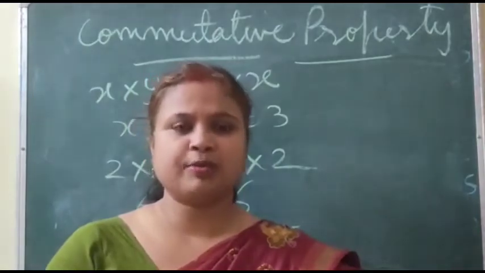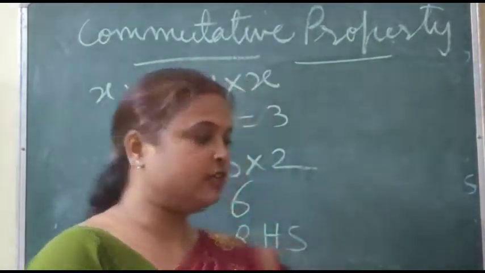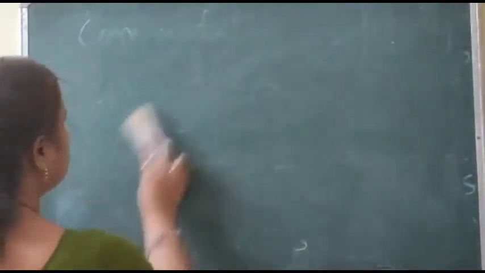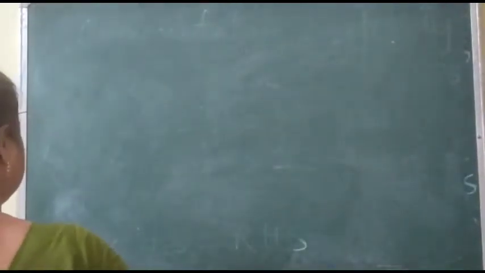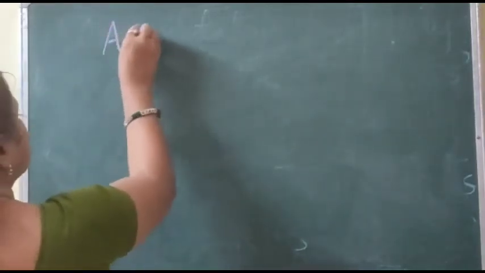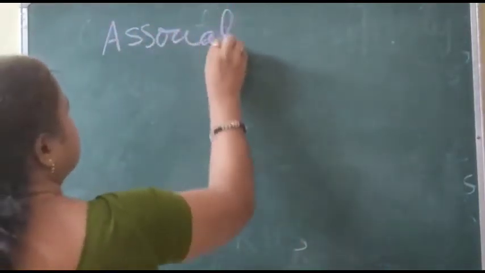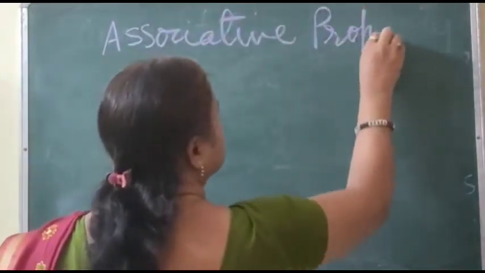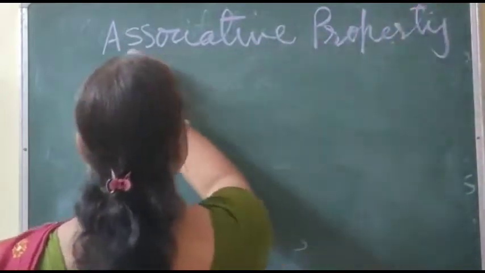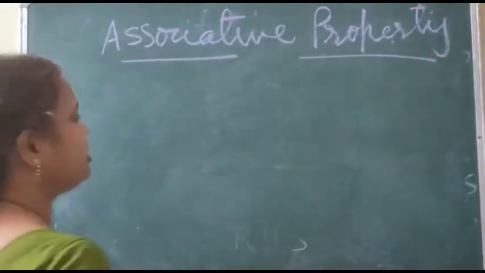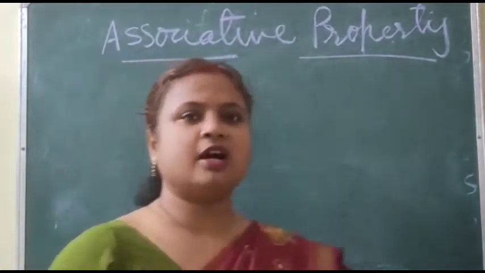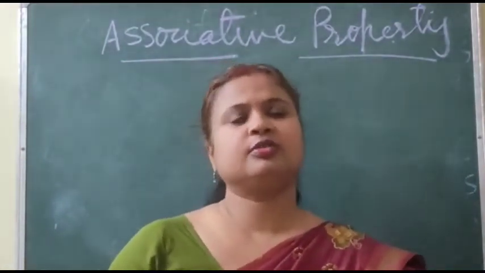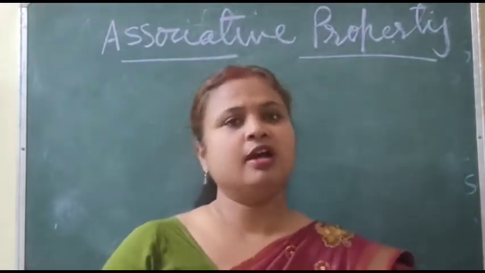Now the next property I am going to discuss is the associative property. I have discussed the associative property for addition and subtraction, and now I am going to discuss it for multiplication. According to this property, if three whole numbers are x, y and z, and we change the grouping, the right hand side is equal to the left hand side.